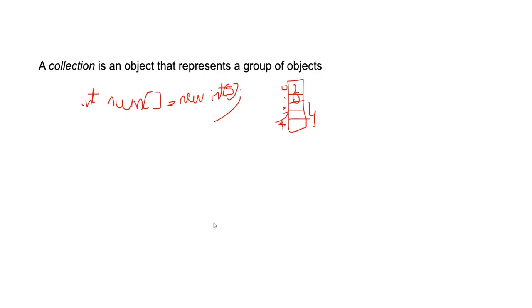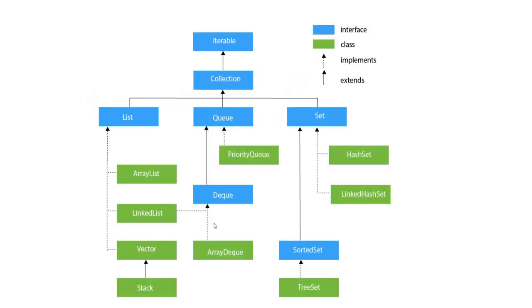So you don't have to specifically declare how much memory is required, and you can store a value of any type in that. So those are the advantages of using collection. There are certain other advantages also. So let's see, in collection, what are the different types of collection that we have?